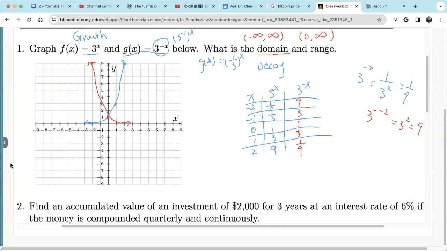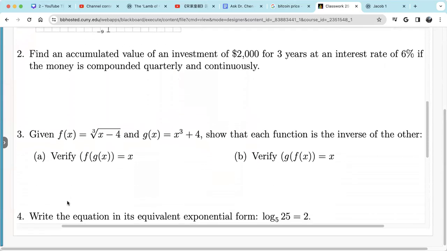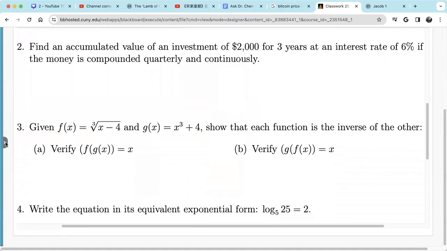So that's graphing exponential functions. Let's see 2. We use exponential functions in life. So we want to find the cumulative value of an investment of $2,000 for 3 years with an interest rate of 6%, compounded quarterly or compounded continuously.